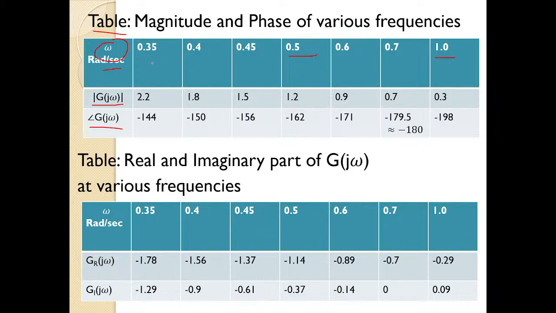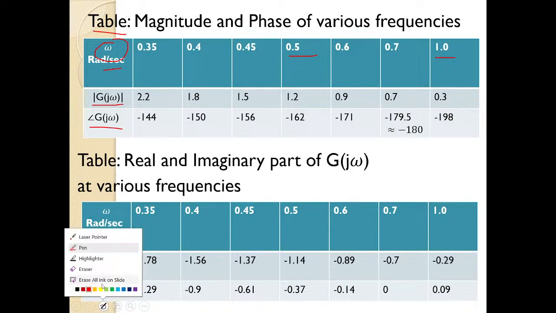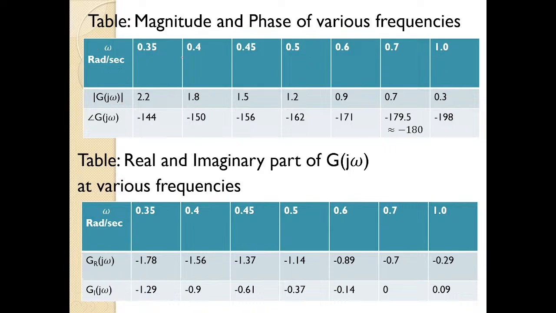Some values randomly; there is no need to consider uniform values of omega, like 0.1, 0.2, 0.3, 0.4 uniformly. Any values nearby and around your corner frequency you can consider.